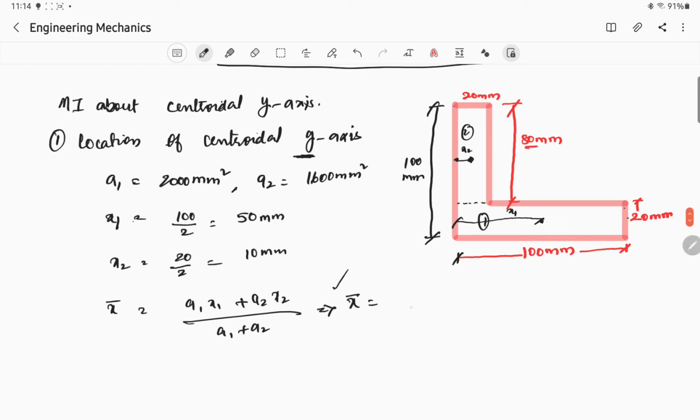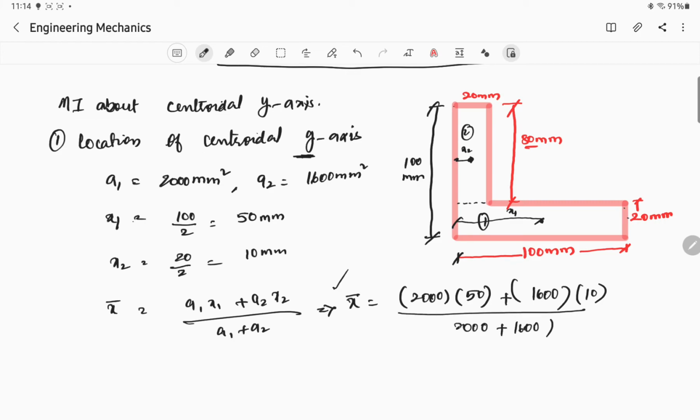So x bar: A1 is 2000 into x1 which is 50, plus A2 is 1600 into x2 which is 10, whole divided by 2000 plus 1600.